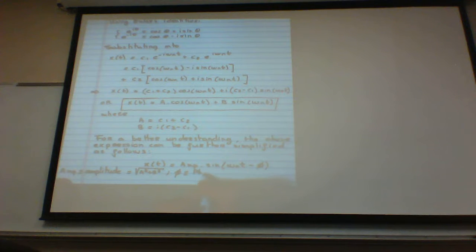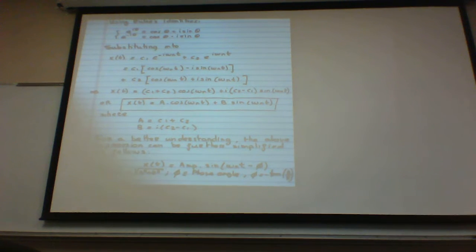This is the phase angle, and phi is equal to minus the tangent inverse of A over B. So I know I put everything in there, but I think it's clear if I put it in one page and go to the next one.